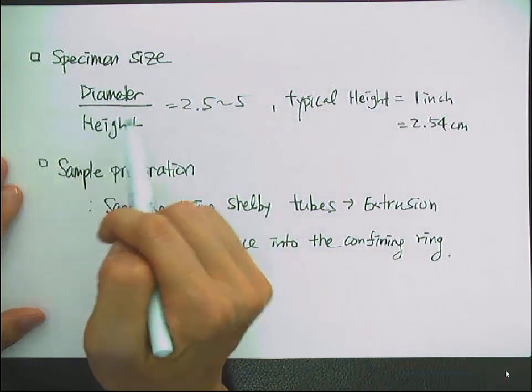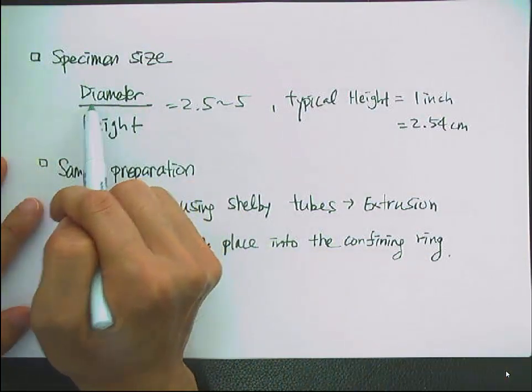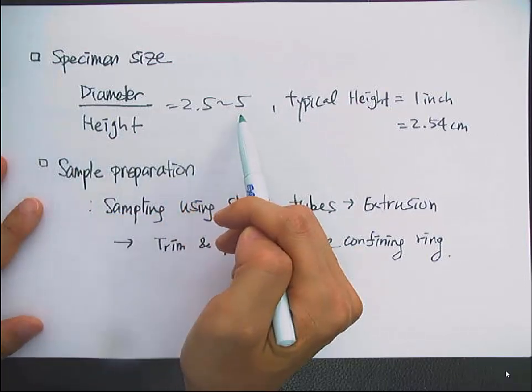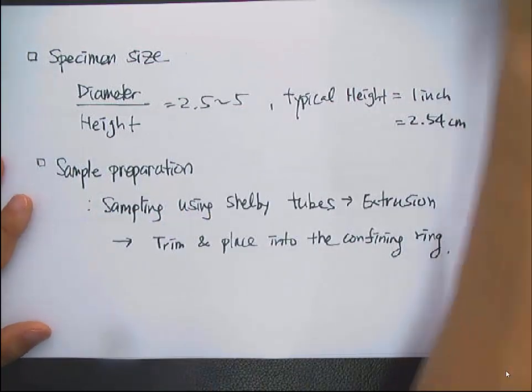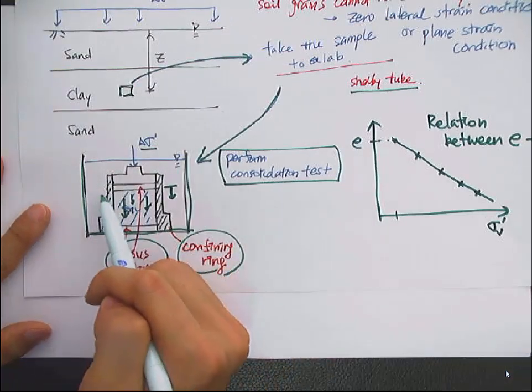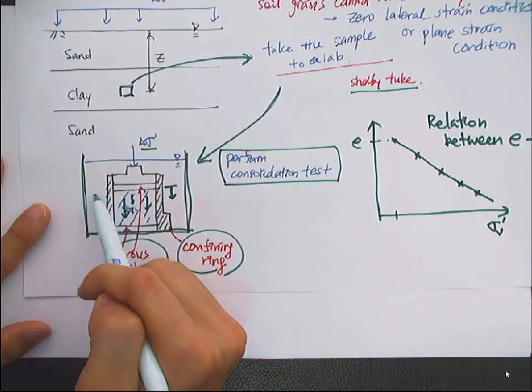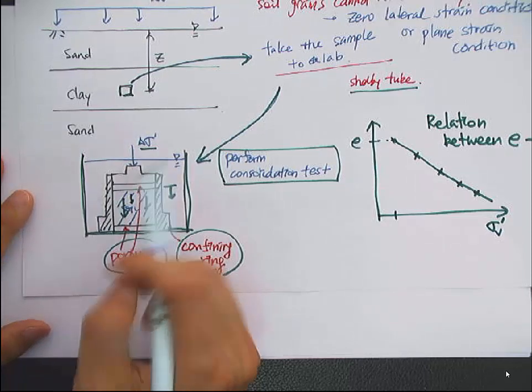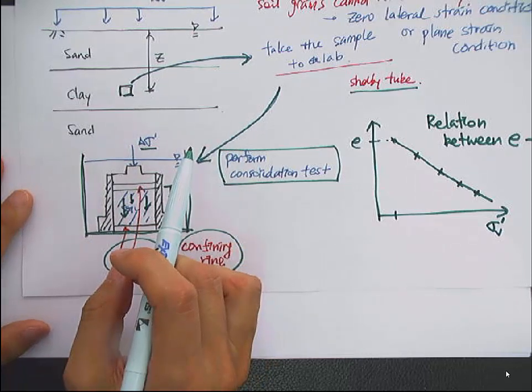In general, the ratio of diameter to height of the specimen is about 2.5 to 5. So if the height is about 1 inch, 2.5 centimeter, the diameter is more than 5 centimeter.